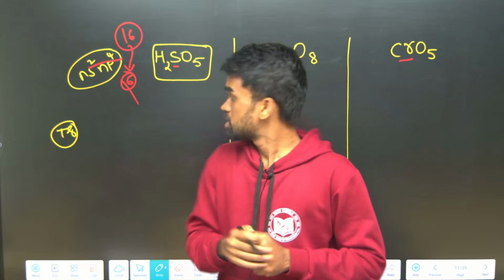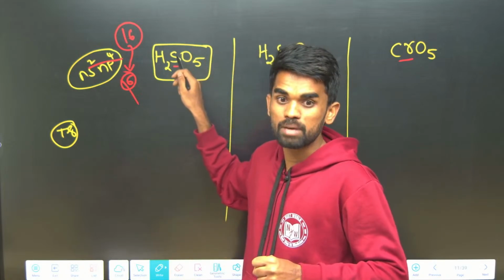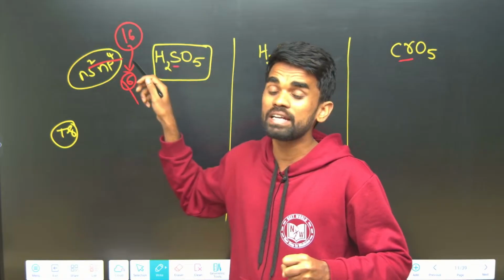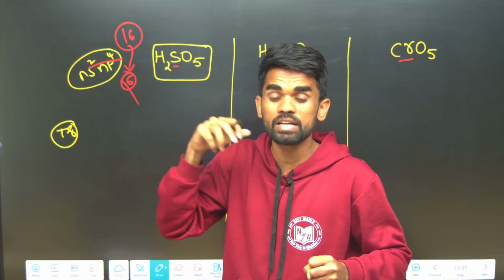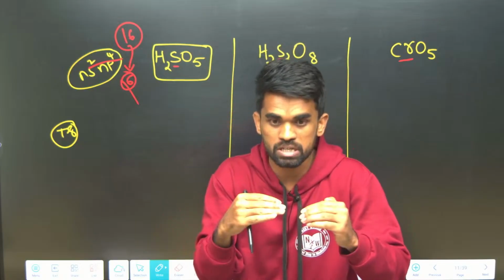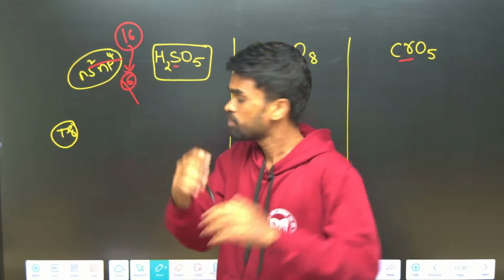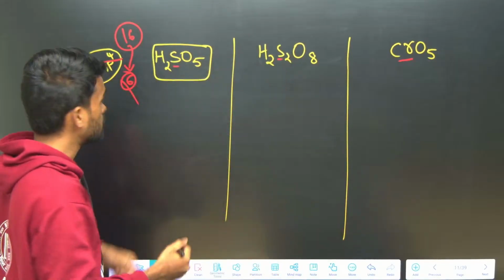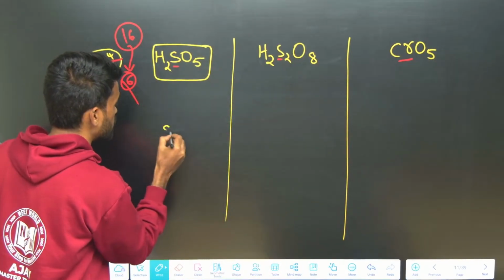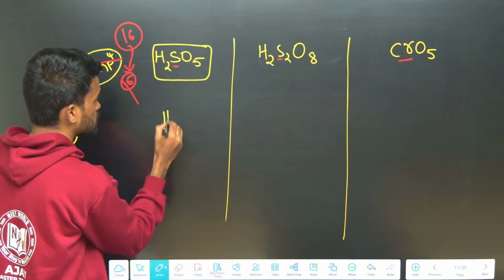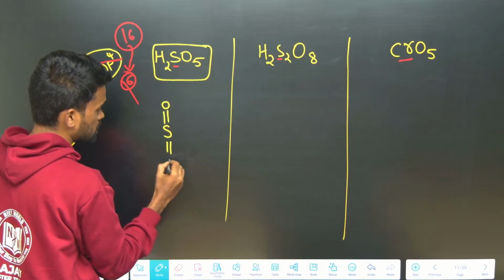Because simply you have taken oxides like -2 oxidation state, but if I take peroxy oxygens, it will be -1. So negative charge is decreasing means positive charge also decreases. So I am writing sulfur here. Again insert one oxygen like this and one more oxygen like this.